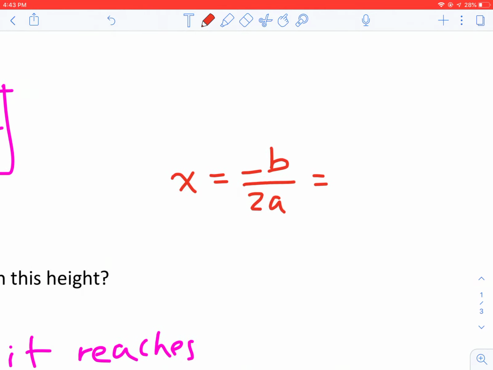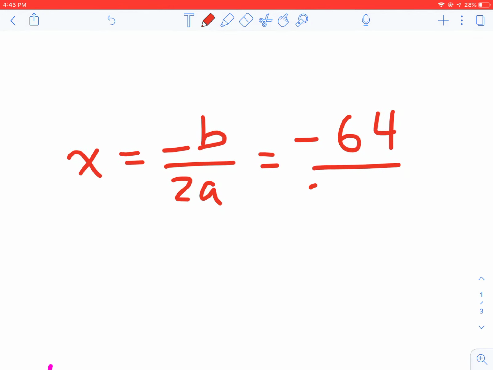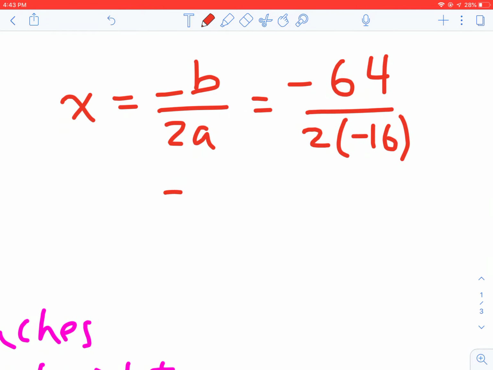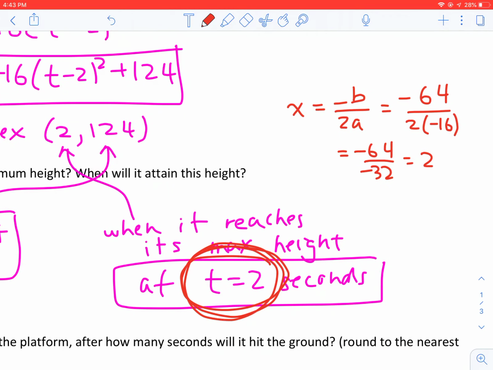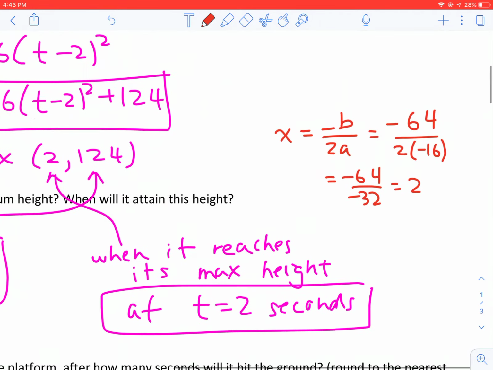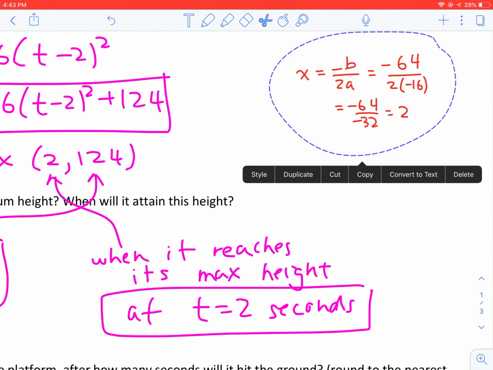So negative b is negative 64, over 2 times negative 16. That's going to give me negative 64 over negative 32, which is 2. So what we found was the x-coordinate of our vertex, 2. So that's another way to get when it's going to reach its max height.